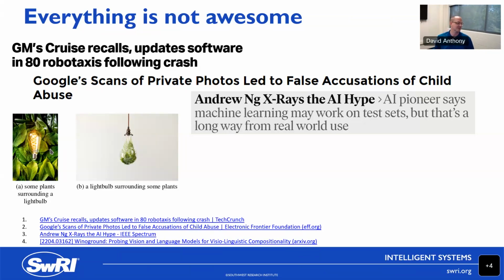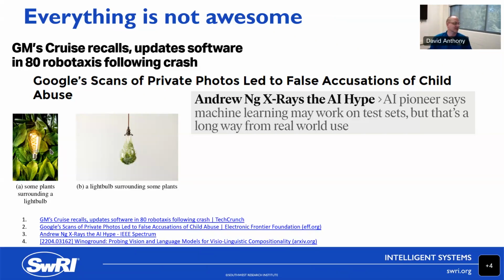And I also have this fun picture, I'm hoping this shows up over the web, of a paper called Winoground, which came from Facebook and Hugging Face. And they were testing the ability of these kind of large models like DALL-E and Stable Diffusion to understand the spatial context of their text prompts.